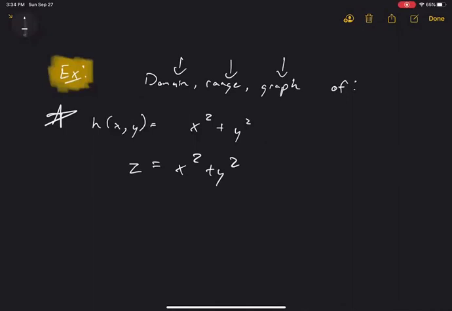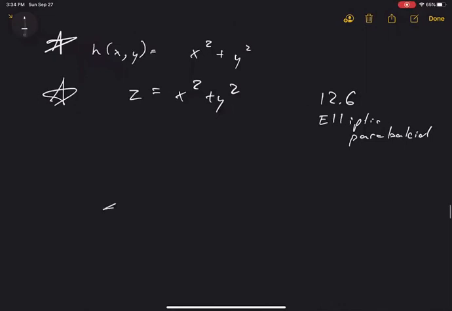Now what is this? We're saying z is equal to x squared plus y squared, and we've seen this in 12.6. We saw that this was an elliptic paraboloid. So we can use our 12.6 material to graph this thing.